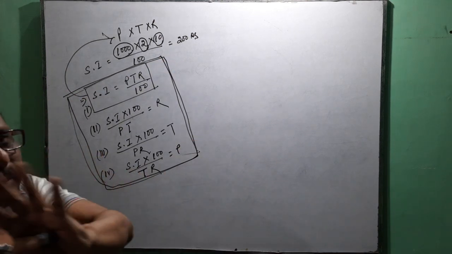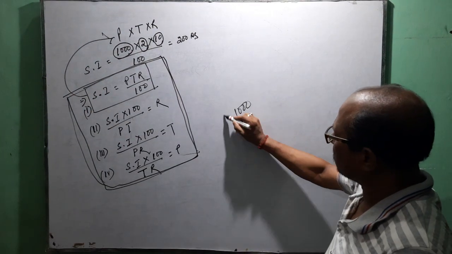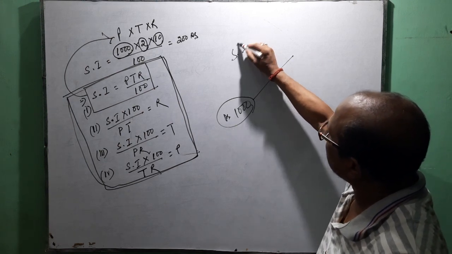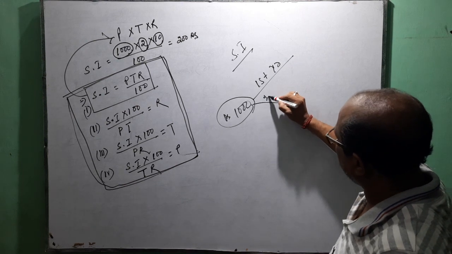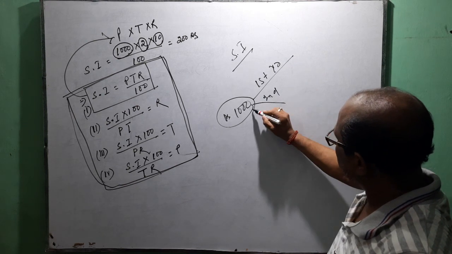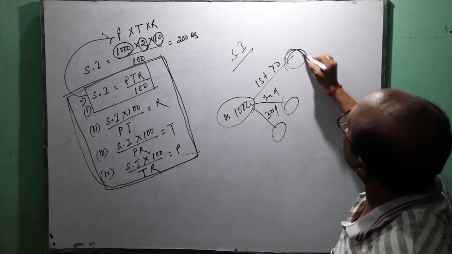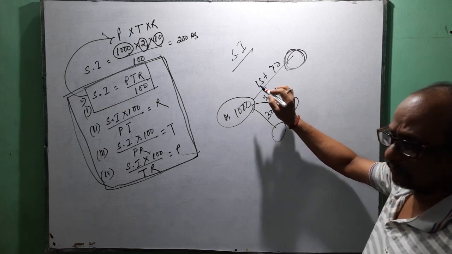Always remember, suppose 1000 rupees is there. In case of SI, first year interest, second year interest, third year interest are always equal for a given money and for a given period.